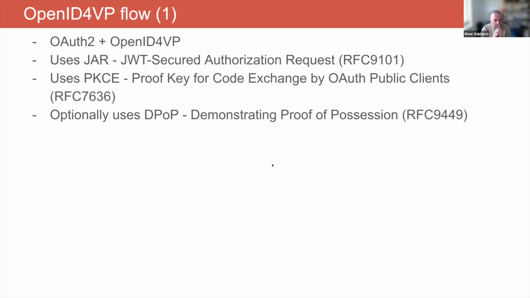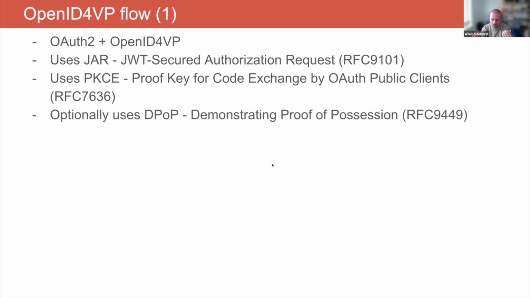What we implemented is JSON Web Token secured authorization requests. So authorization requests are signed. We use what is called PKCE, which is Proof Key for Code Exchange. This means that the authorization request is linked to the access token request, and it is needed for public clients. Because what we do is we do not use registered clients.